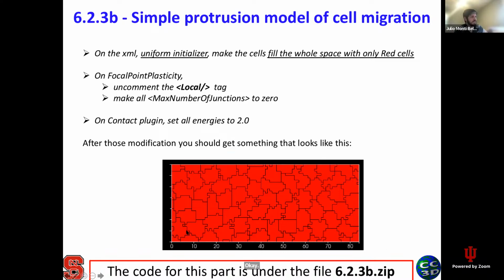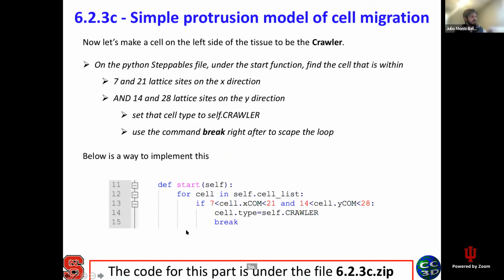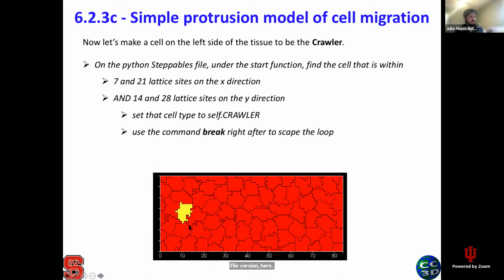So actually, you can even skip this file and let's go directly to 6.2.3c, where you already randomly select a cell. Actually, you do select the cell on the left side to be the cell type crawler. So if you download this file version here, you should already get a simulation that looks like this.